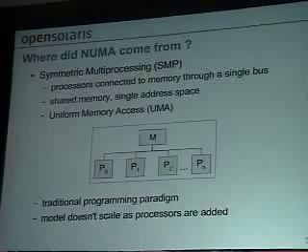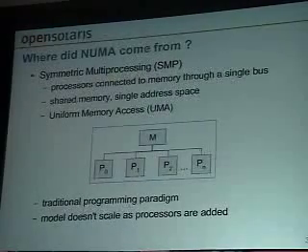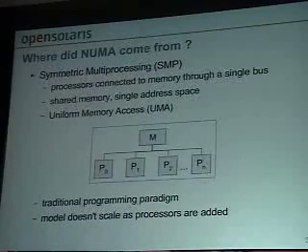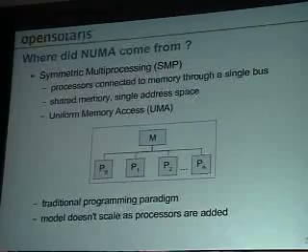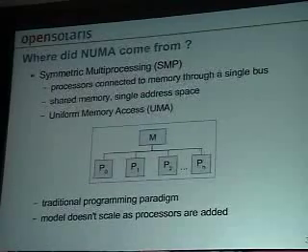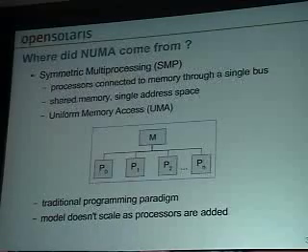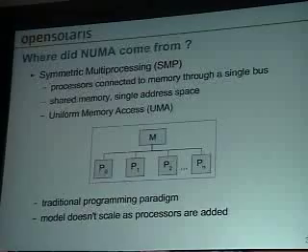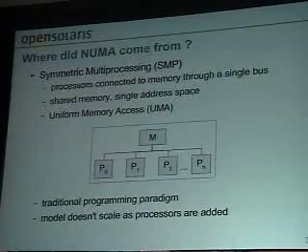Every processor accesses the same memory through reads and writes, so it's a shared memory paradigm. Every processor has the same latency going through this interconnect to access memory. So it's a uniform memory access model: the same latency to access the memory from whatever processor you're executing on.